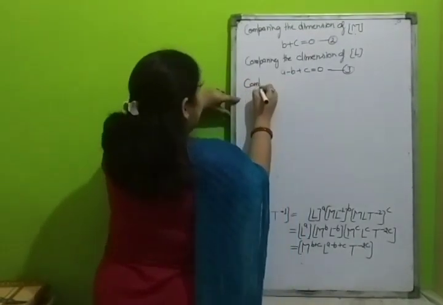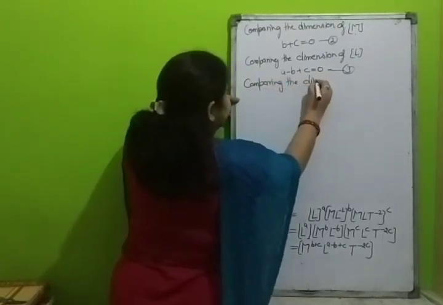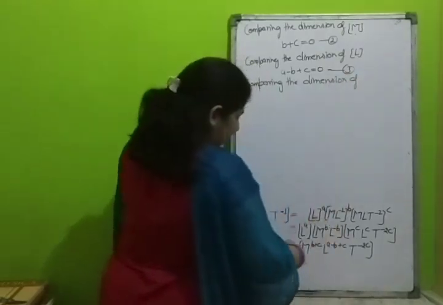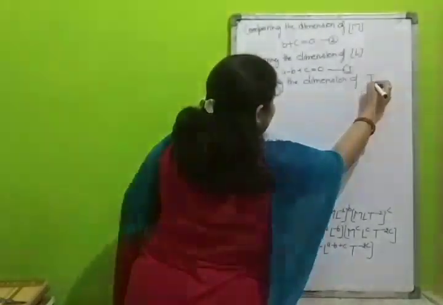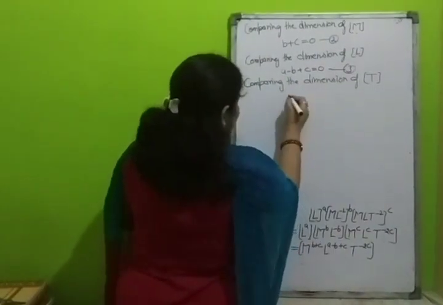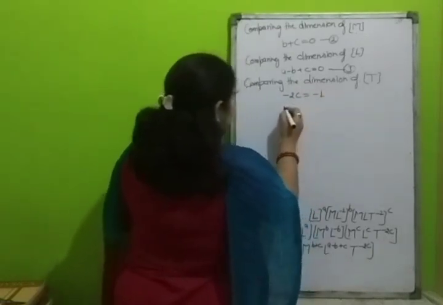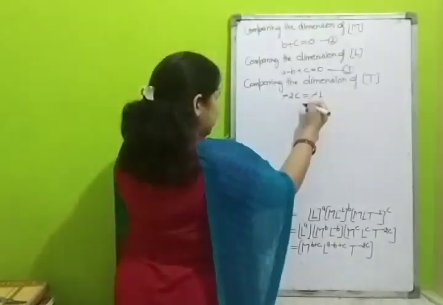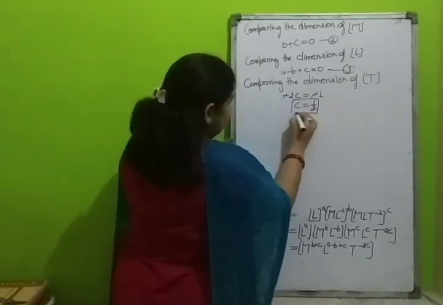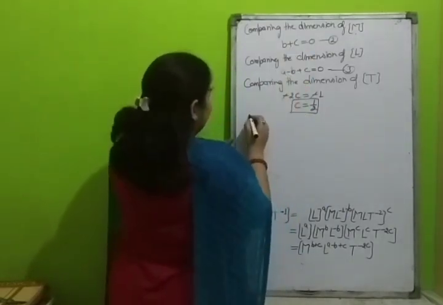Next step, comparing the dimension of T. What we have? Here we have T minus 1 and here minus 2C is equal to minus 1. Here we can find the value of C, as minus will be cancelled out and C is equal to half. One value we can get, and put this value in equation 2.